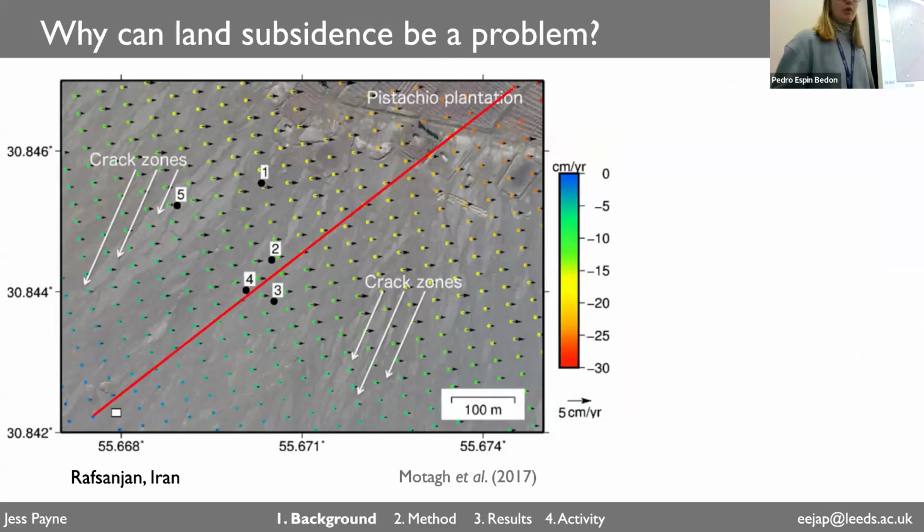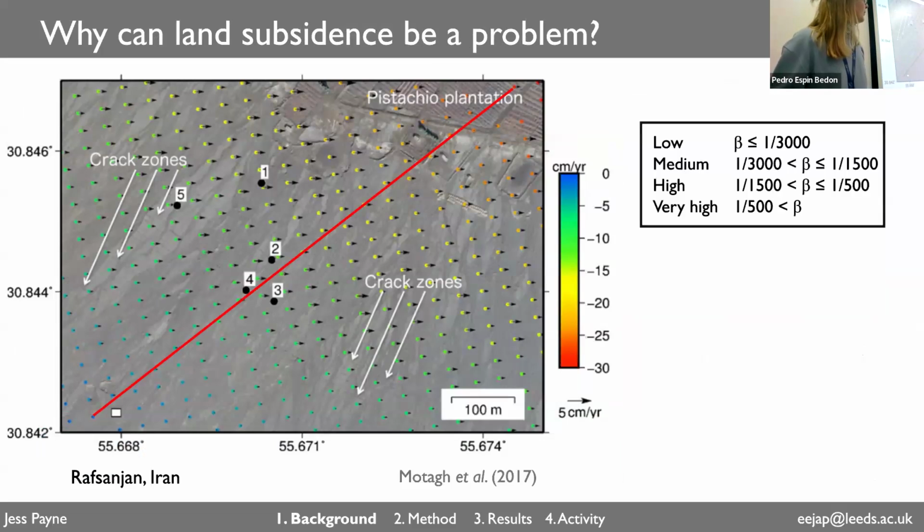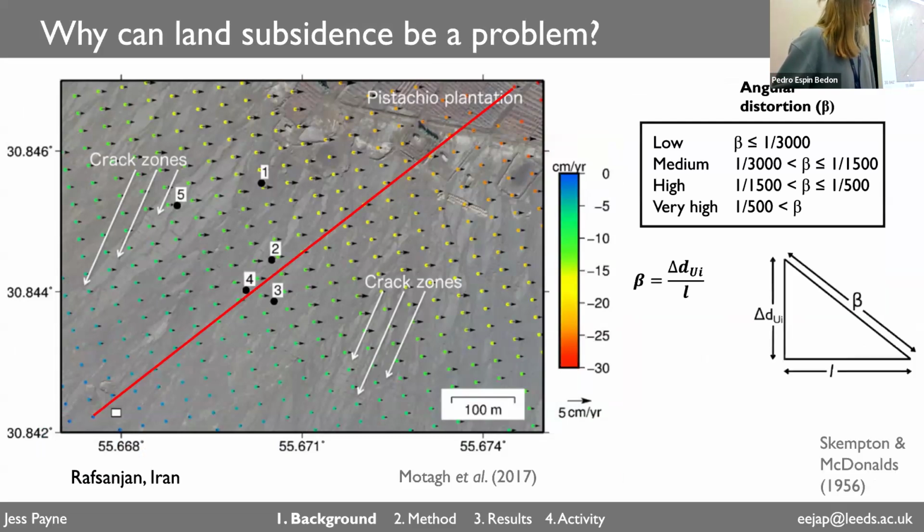We can more quantitatively estimate these velocities of the vertical gradient by a parameter called angular distortion, beta, sometimes referred to. And how we estimate this beta is quite a simple parameter. You just estimate the change in the vertical velocity over distance and divide that by distance. So it just measures a gradient in space.